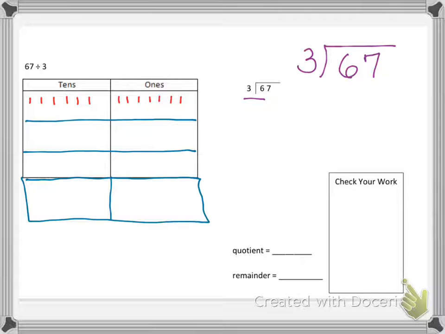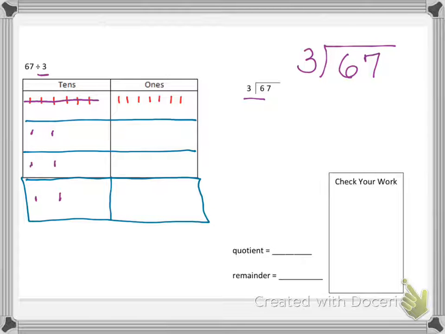All right, so what we're going to do is we're going to take these 6 tens and divide them into 3 groups. So let's do it. 1, 2, 3, 4, 5, 6. So that means we have used up all of our 6 tens, and there are 2 in each of our groups here.